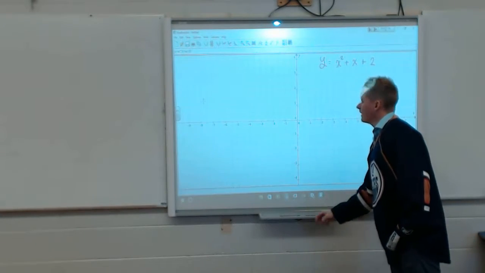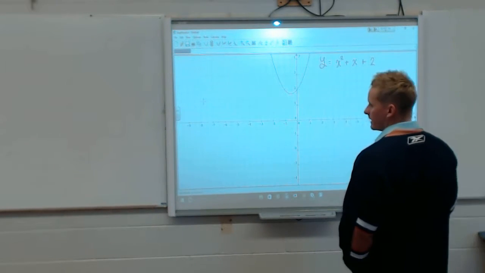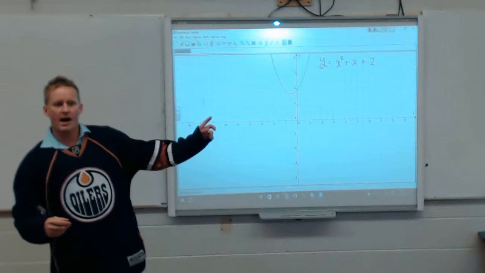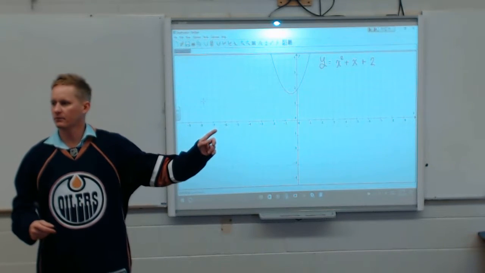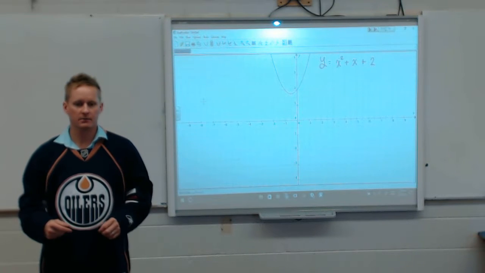All right? I'm going to graph it, and then I'm going to adjust the b value. Right now, what is the a value in this equation? The a value is 1. What's the b value? Also 1. What is the c value? 2. Okay. What is the y-intercept of this graph? Where does it cross the y-axis?